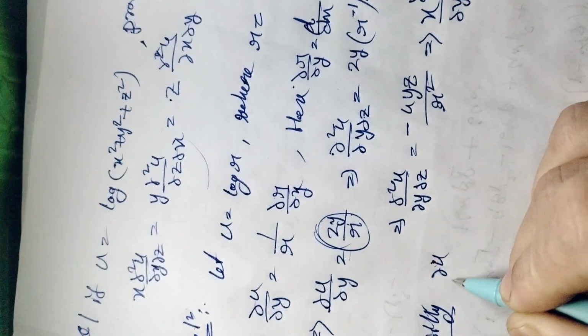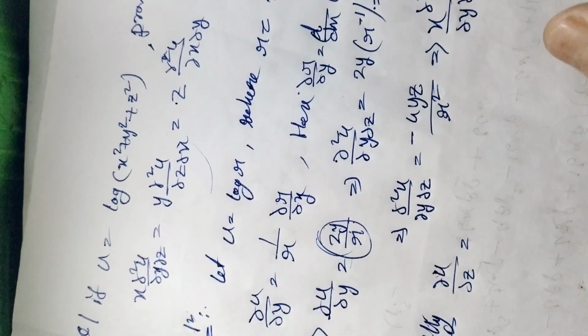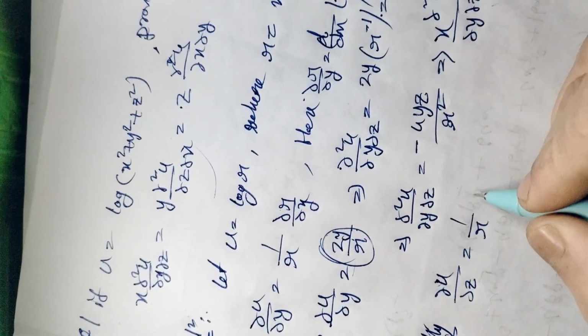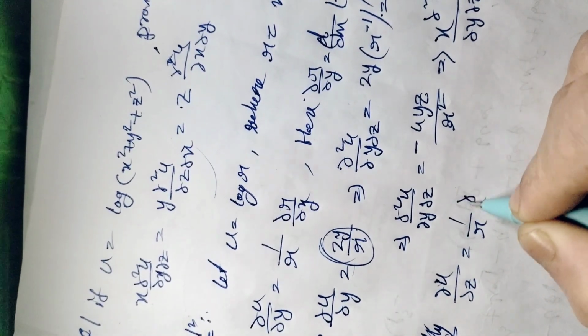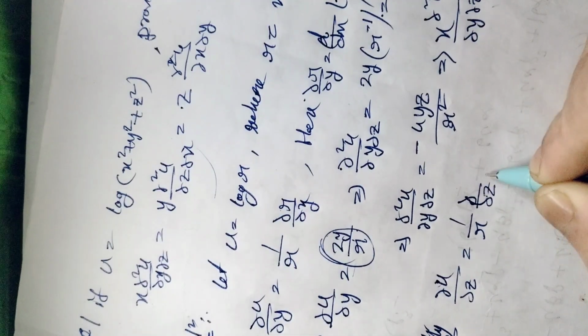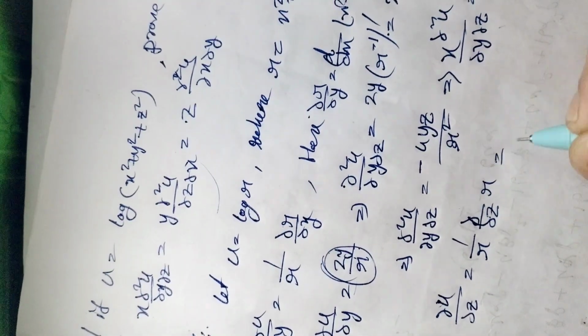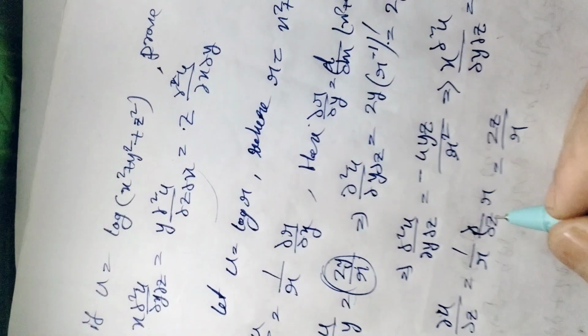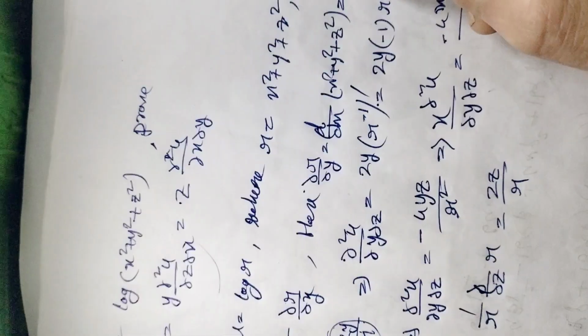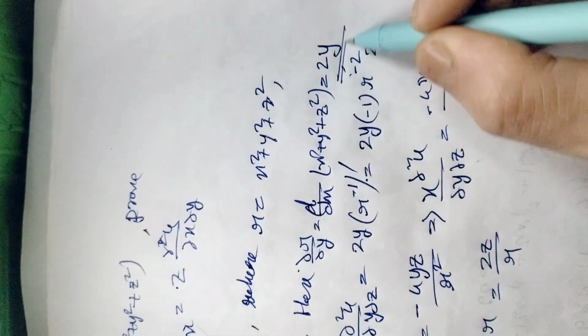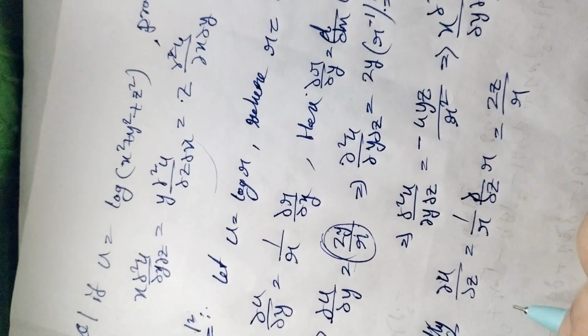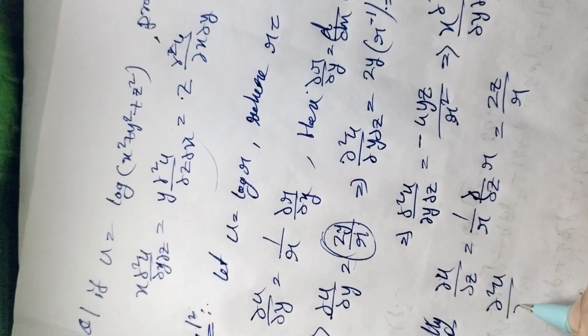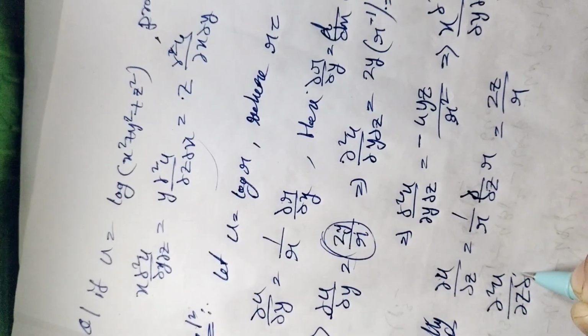We have del u by del z, which will give 1 by r times del r by del z. This will give us 2z upon r. Because we have already found this value, we follow a similar process. We get this, and now we have to find del square u upon del z del x.